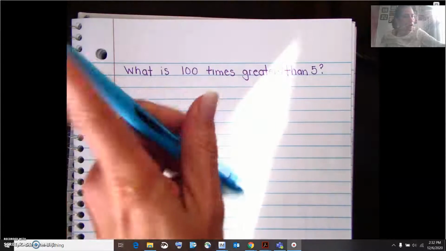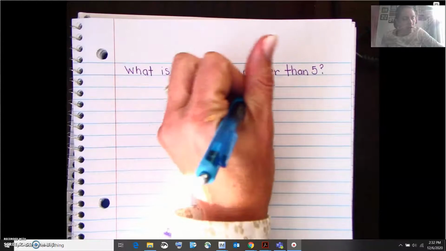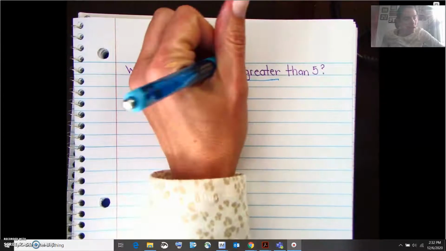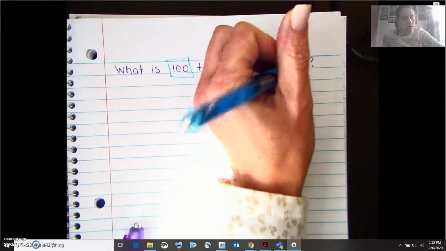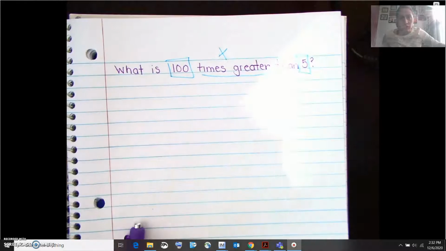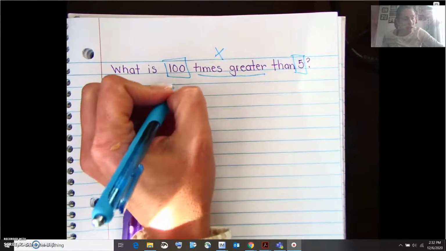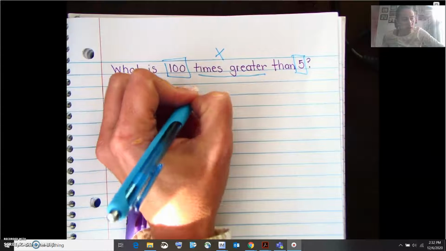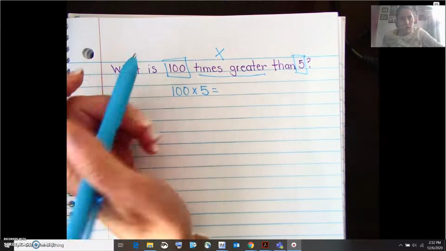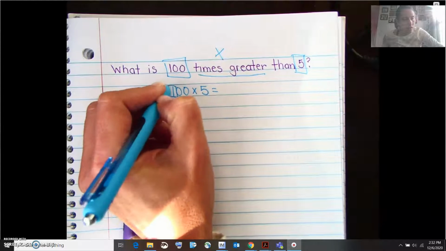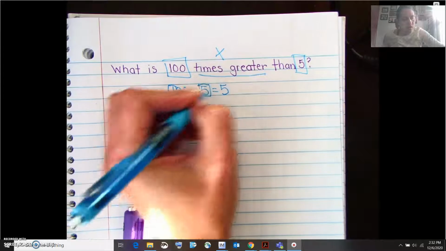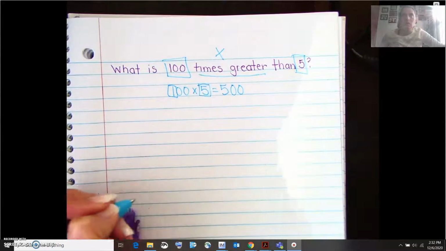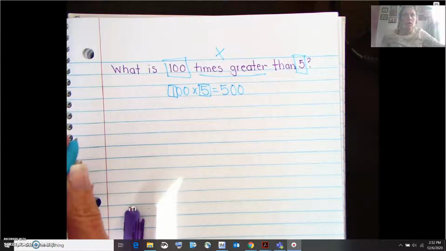You saw that we had times greater, so that tells us that we have to multiply, and then we have our two numbers, which is what is 100 times greater than 5. And then you knew that 1 times 5 is 5, and then you add your two zeros. You did a really, really nice job with that one.